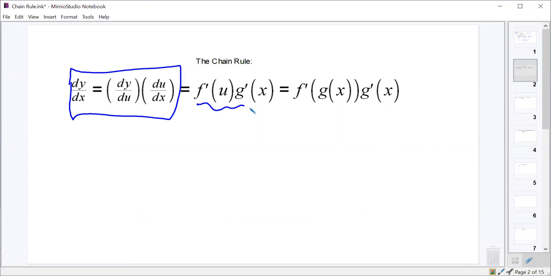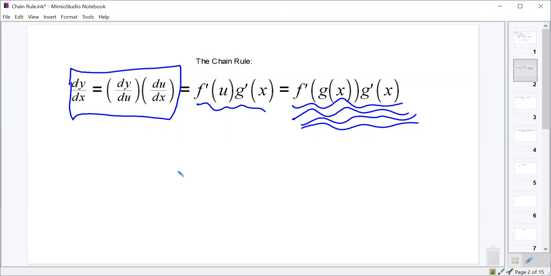We will also see it occasionally in this form, but also very often in this form. We won't deal with this form, f prime of g times g prime, very often today, but we will deal with that a lot as we move forward this year. And then this one, f prime of u times g prime, we won't see that one super often. But we'll see this one, dy dx equals dy du times du dx, for the rest of the day today.